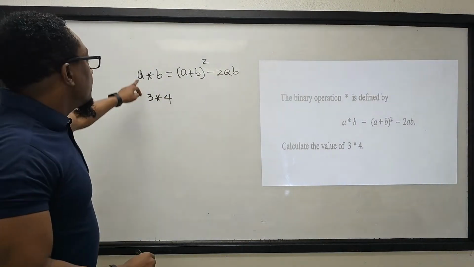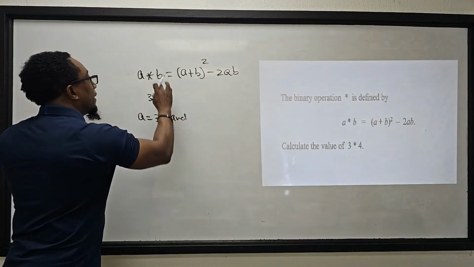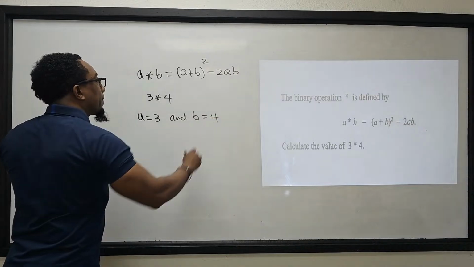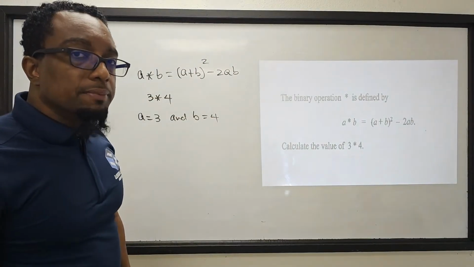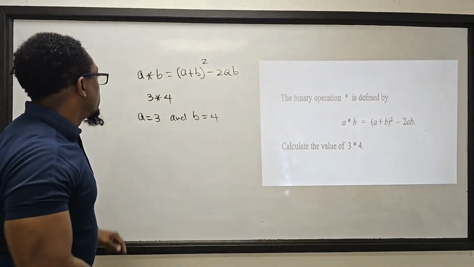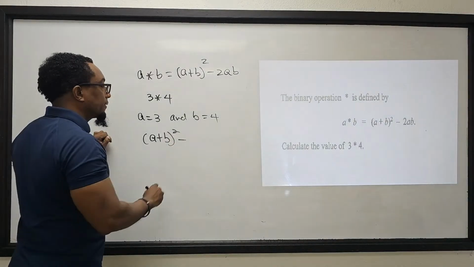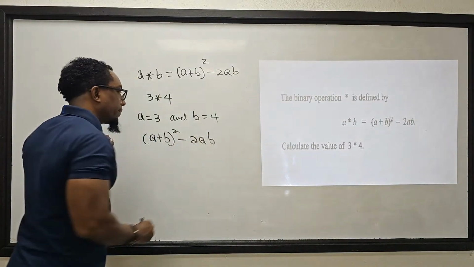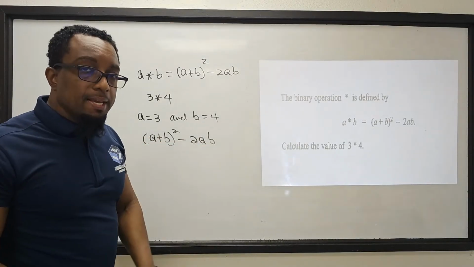So again, A will be equal to 3 and B will be equal to 4, and we will use the expression to help us to achieve the result. So we use the expression A plus B in brackets squared, subtract 2AB. Remember, this is negative 2 multiplied by A multiplied by B.